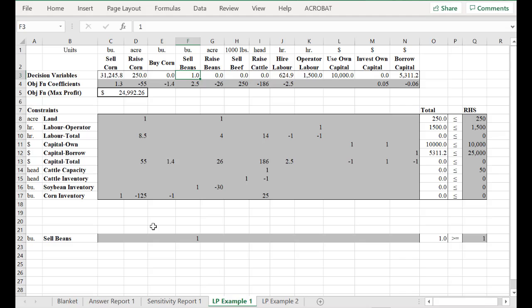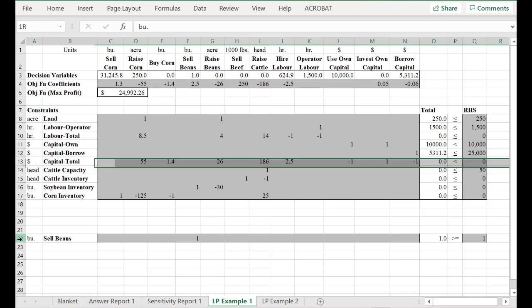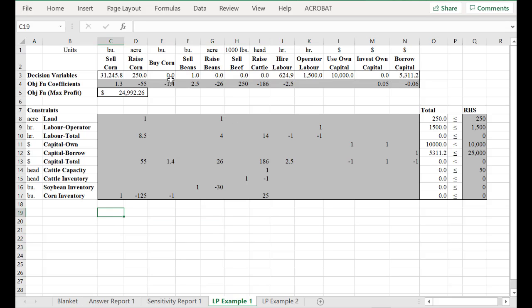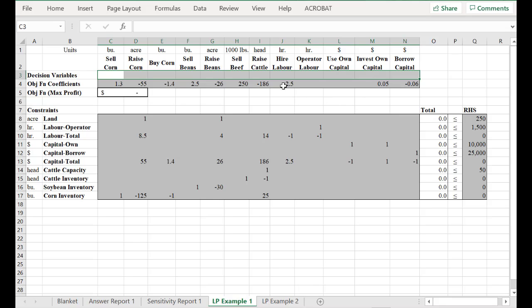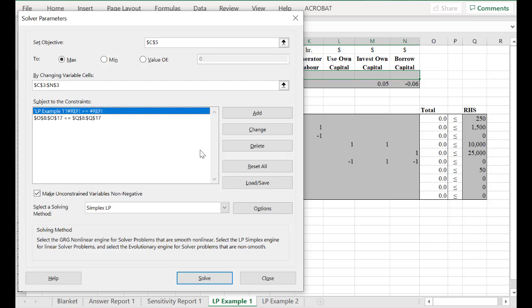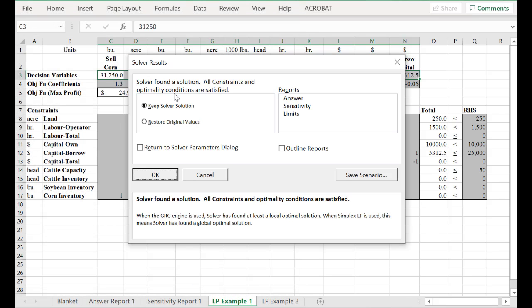If we go back here, we can get rid of these constraints, get rid of all those, and solve this problem again. So solve it and generate the sensitivity report.